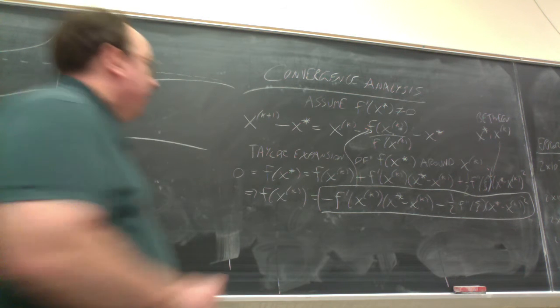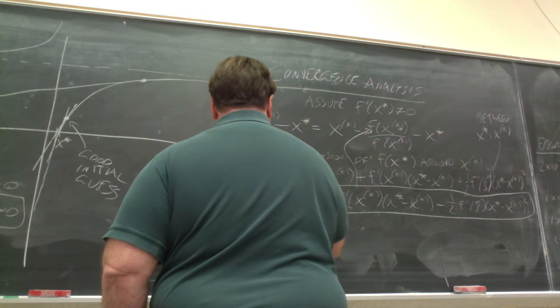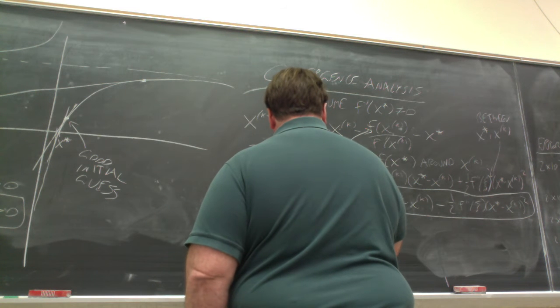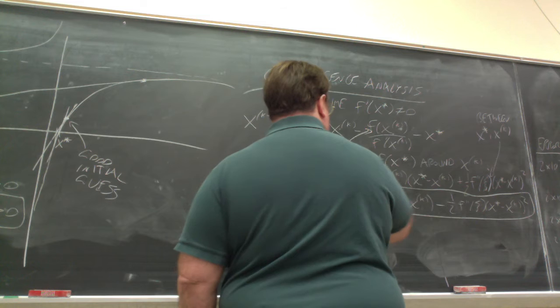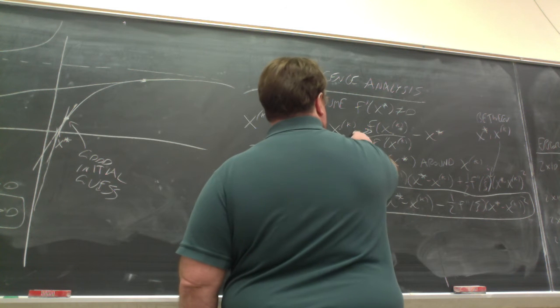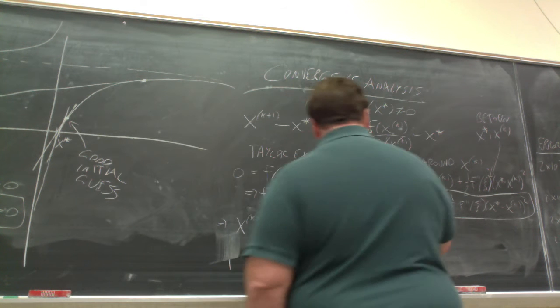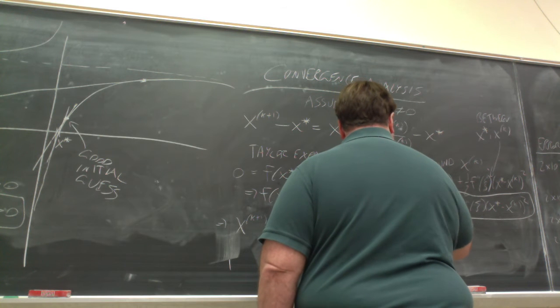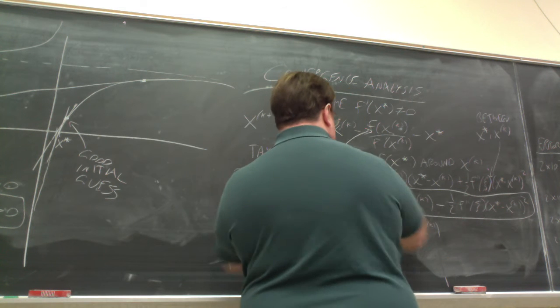So what that will give me is my error after k plus 1 iterations is equal to my error after k iterations minus, but everything in here is a minus also. So this minus cancels with these other minuses to give me a plus, and that'll give me f prime times, again the error after k iterations, except it's negative.